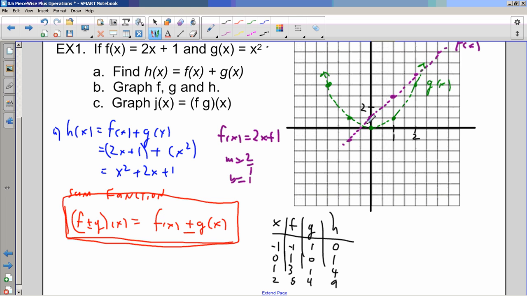Now, what I want to mention is I don't even need to do this, because essentially these values of f and g are on the graph. If I think of the green point plus the purple point, it's going to give me my new graph h, which is the sum function. It's just going to be this plus this negative, and it's going to be right there.